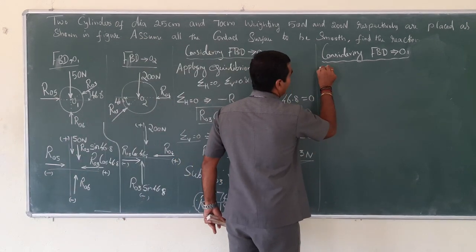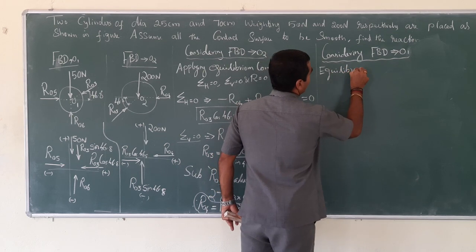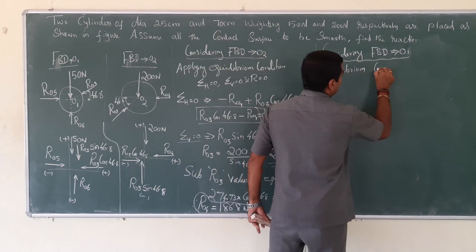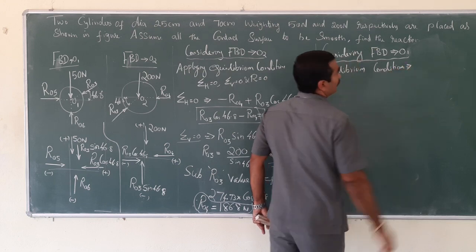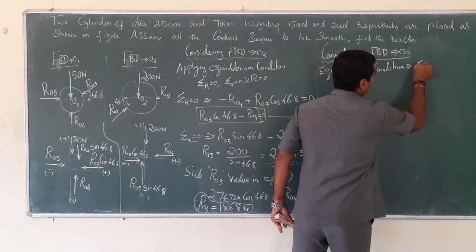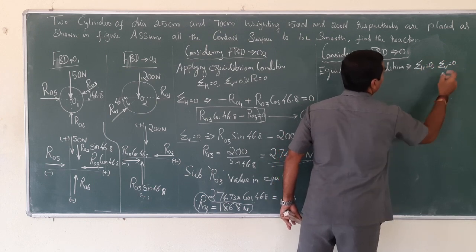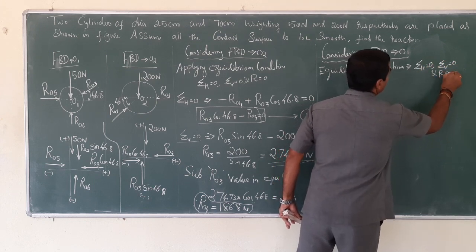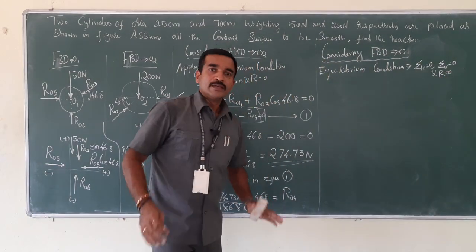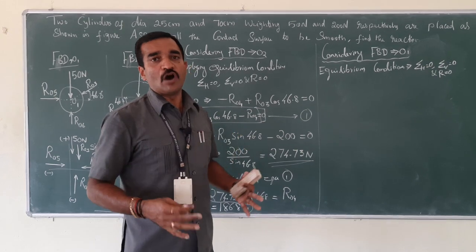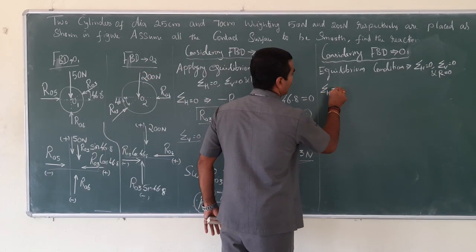Applying equilibrium conditions, which would be summation H is equal to 0, summation V equal to 0, and the resultant R is equal to 0, isn't it? Now I am going to resolve all the horizontal forces, that is summation H is equal to 0.